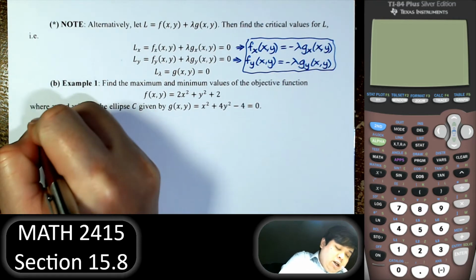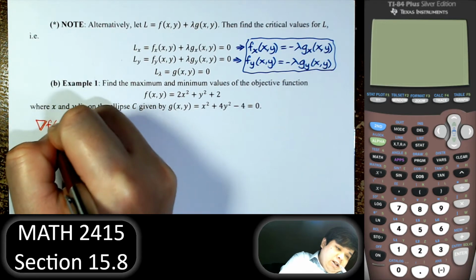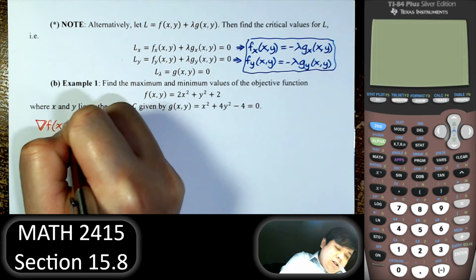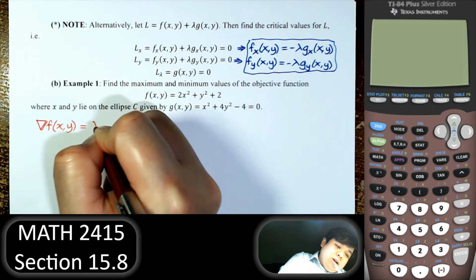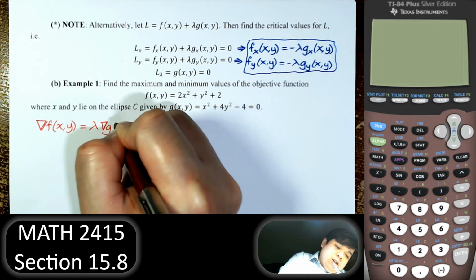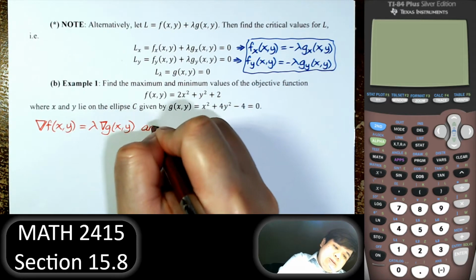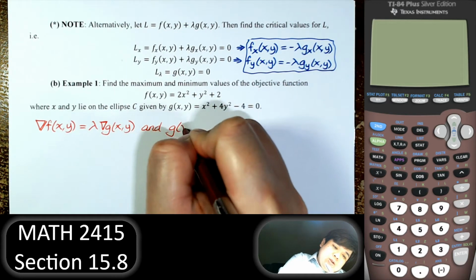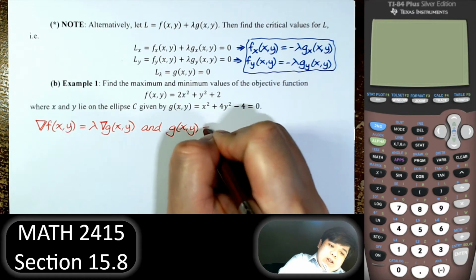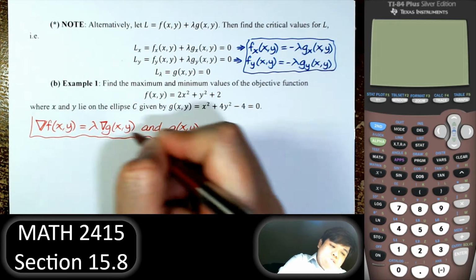First we have the gradient of f of xy equal to lambda times the gradient of g of xy, and then we have g of xy equal to 0. This is the method of Lagrange multipliers.